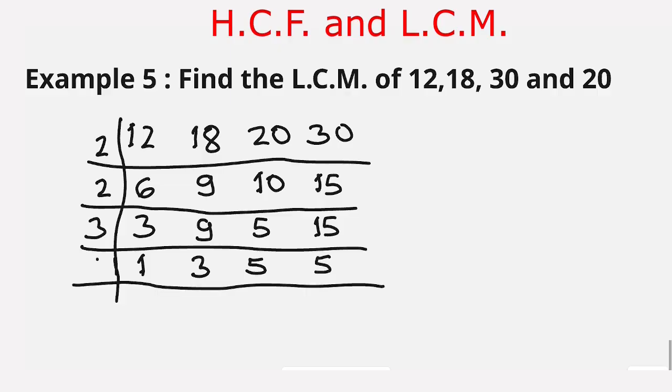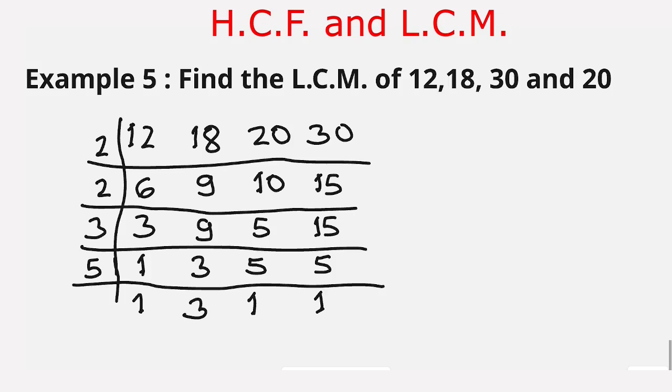Now there are two numbers which are divisible by 5. So we carry 1 as it is, 3 as it is, 5 divides 5 for 1 time and again 5 divides 5 for 1 time. Now we have divided all the given numbers by prime numbers.